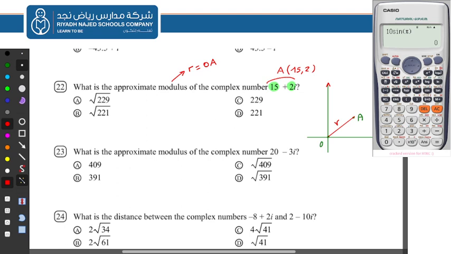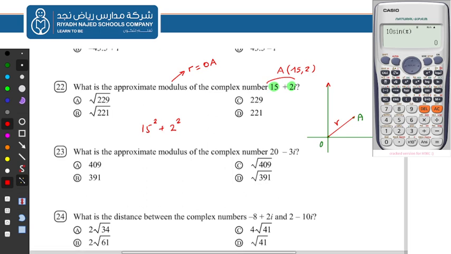You just use the formula and select the correct choice. The modulus can be calculated using this formula. First part squared, 15, real part squared, imaginary part squared. The imaginary part is 2 here, and then add them and apply square root.